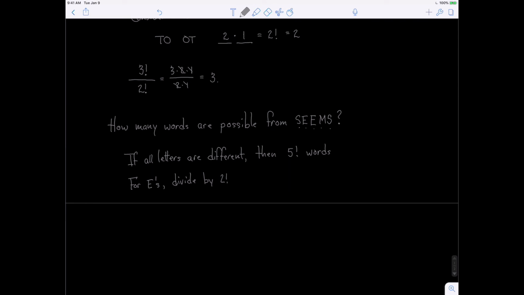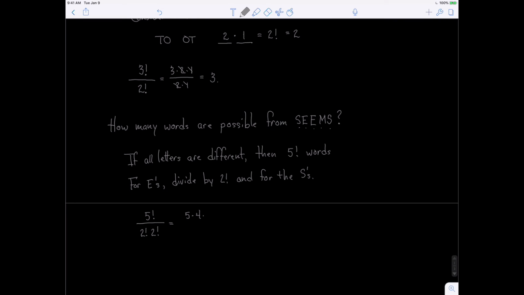But if we look closely, notice there's also an S at the beginning of seams and 1 at the end. Divide by 2 factorial for the E's and for the S's. So the problem becomes 5 factorial divided by 2 factorial for the E's divided by 2 factorial for the S's. And so I'm going to do this by hand.